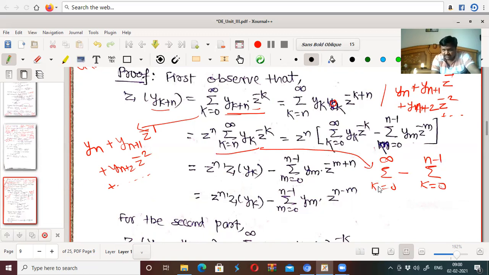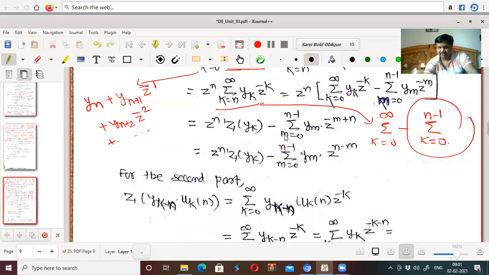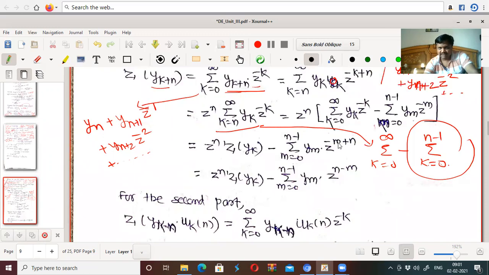What will happen? You will get it from n to infinity. Now in this second term, replace k by m, and you will get m from 0 to n minus 1 y(m) z raised to minus m. That is the only thing. So this becomes z raised to n Z of y(k), because this is the z transform of y(k), minus summation from m equal to 0 to n minus 1 y(m) z raised to minus m plus n.